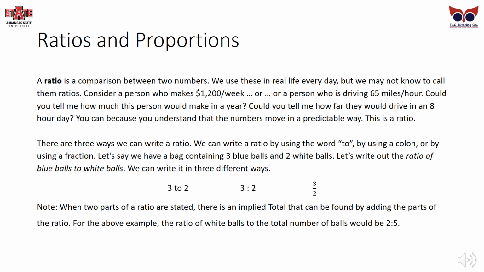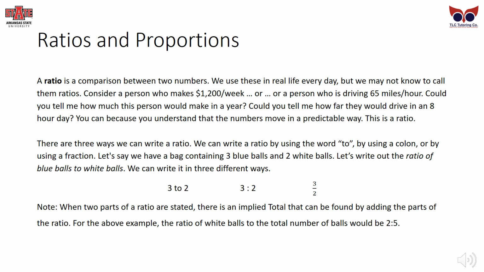Ratios and proportions. A ratio is a comparison between two numbers. We use these in real life every day, but we may not know to call them ratios. Consider a person who makes $1,200 per week, or a person who is driving 65 miles per hour. Could you tell me how much this person makes in a year?